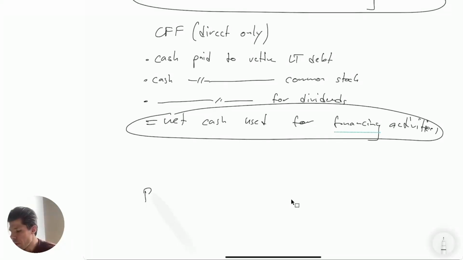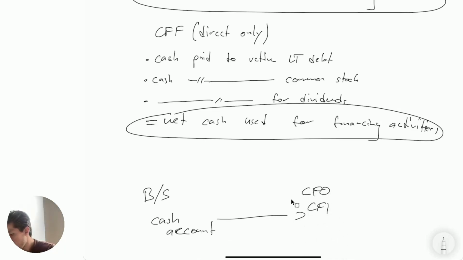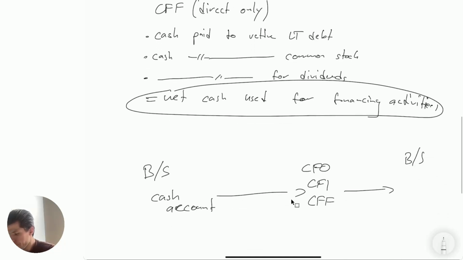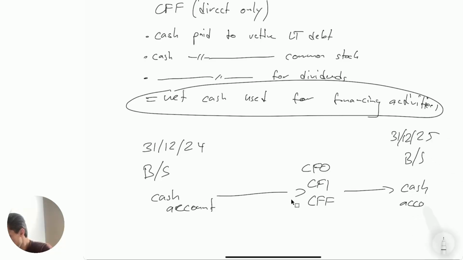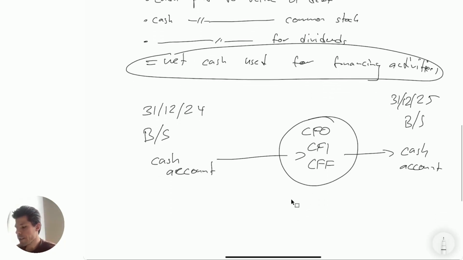What happens is you have your balance sheet and your cash account as a starting point, then CFO, CFI, CFF, and then you have the balance sheet cash account. So your cash flow statement basically reconciles your cash account in your balance sheet.